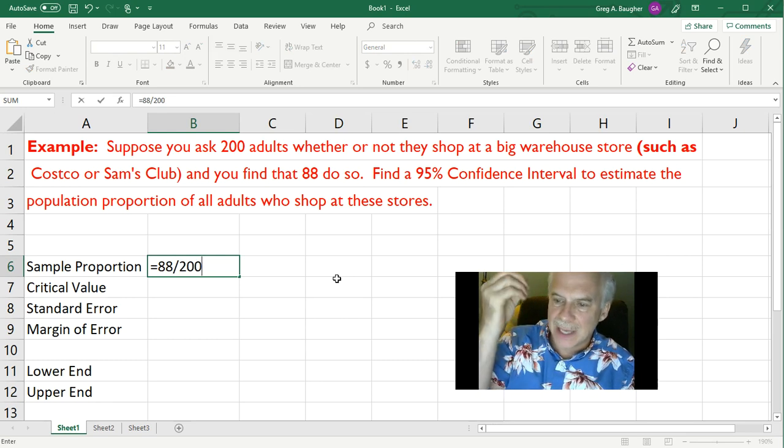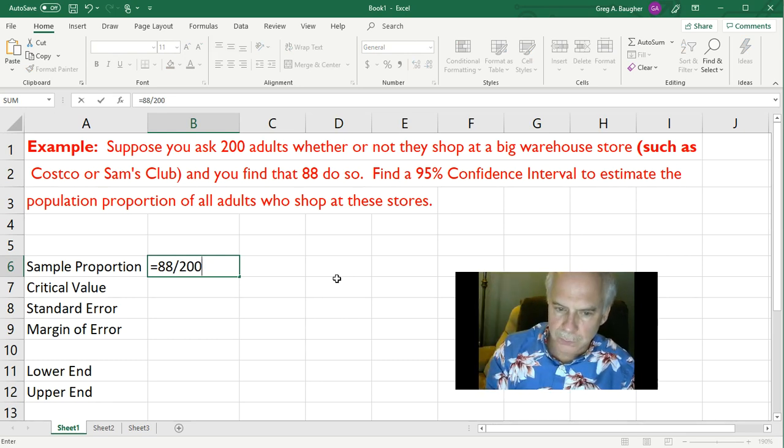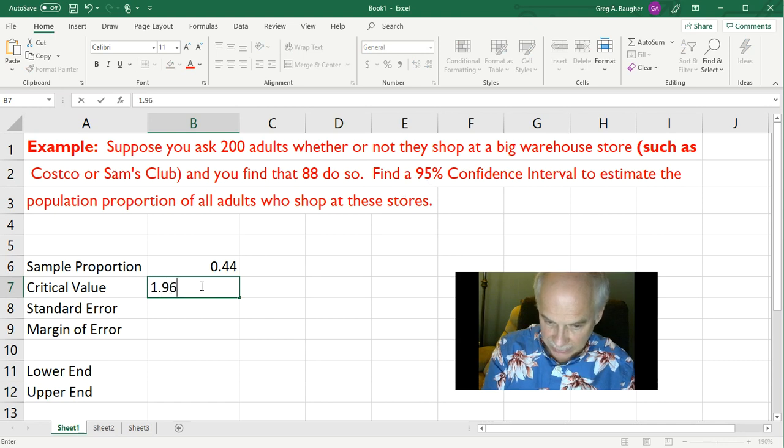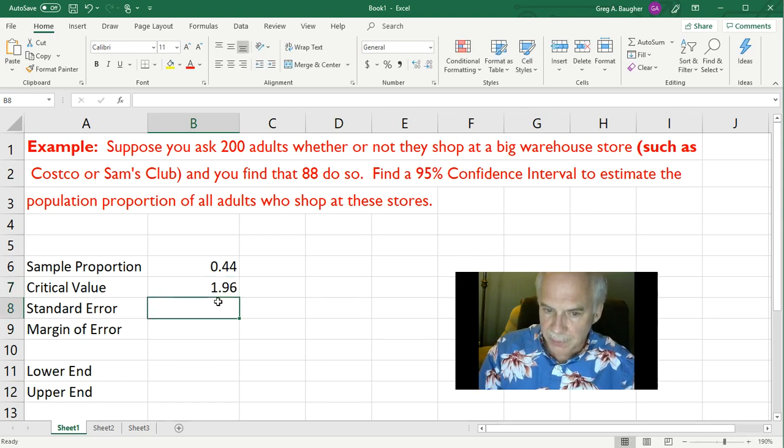How many said yes out of your total? All right. So that is 44%. Now your critical value can be found from the table, because 95% is your confidence level. And so we said that that had a critical value of 1.96 from the table.